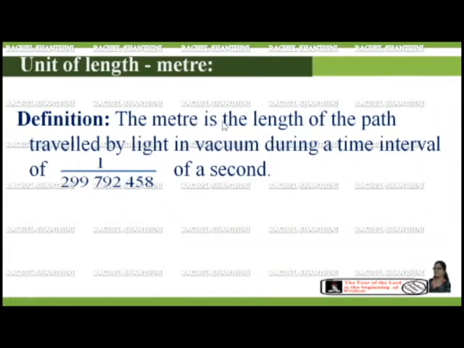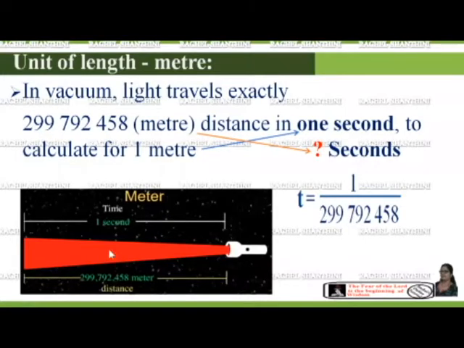The meter is the length of the path traveled by light in vacuum during a time interval of 1 upon 299,792,458 of a second. Consider this area as vacuum.